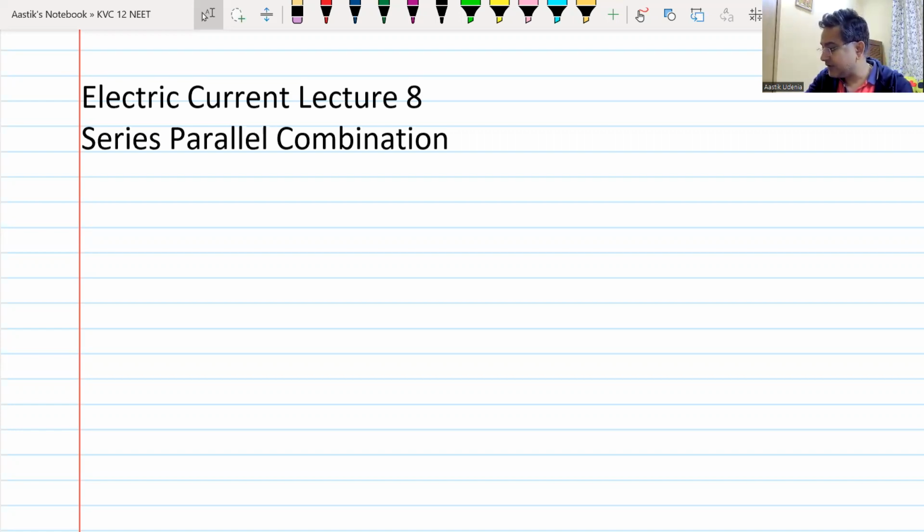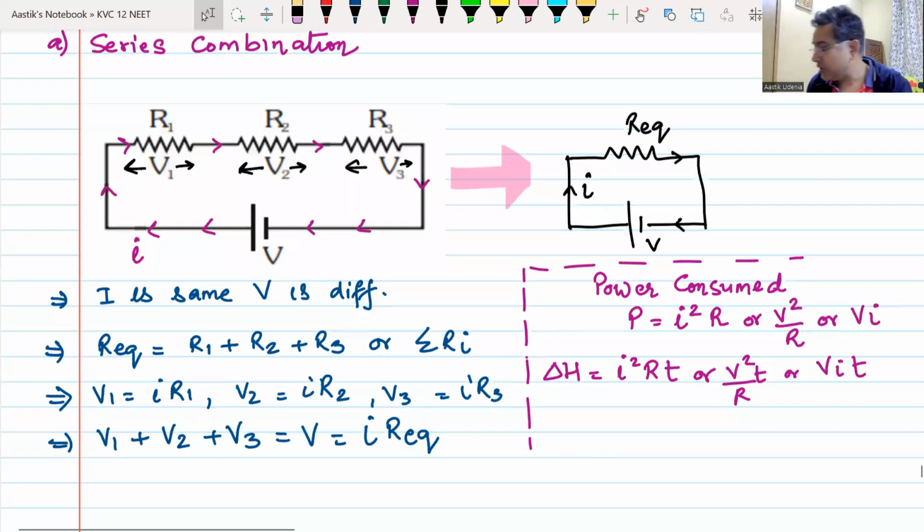In the last class, we had seen the series combination, and we had seen how power is divided. Power through a resistor is I square into R. It is in the direct ratio of resistance.